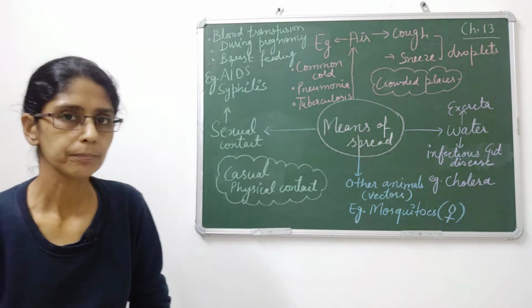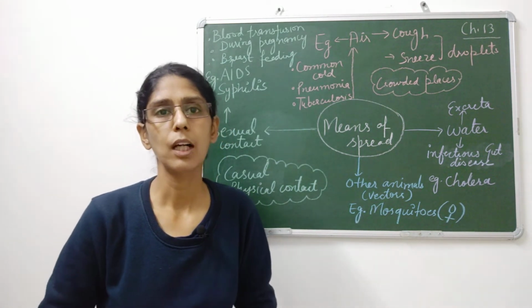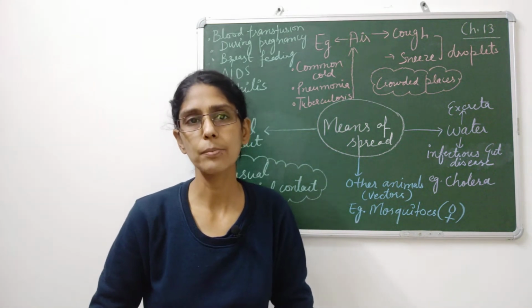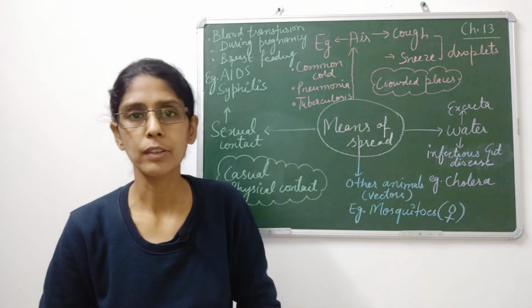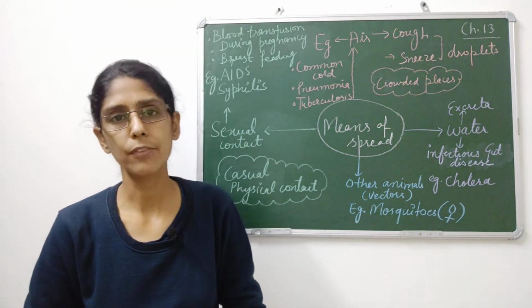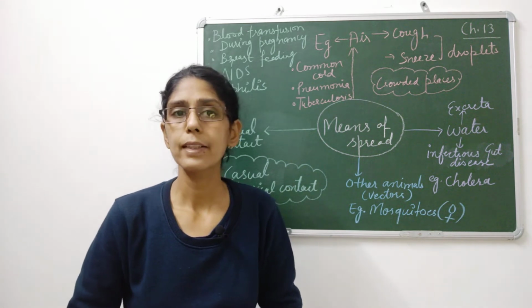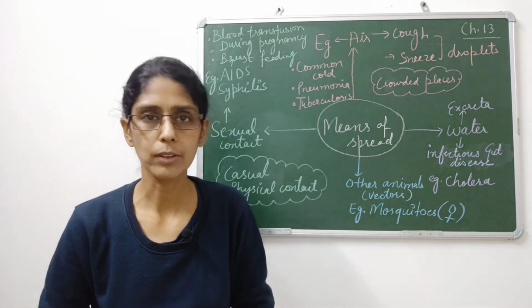The next medium through which infectious agents can transfer from an affected individual to unaffected individuals is water. Through water, mostly diseases related to the gut, intestine or digestive system spread. The excreta of the person who is suffering from an infectious disease related to the gut mixes in the drinking water.